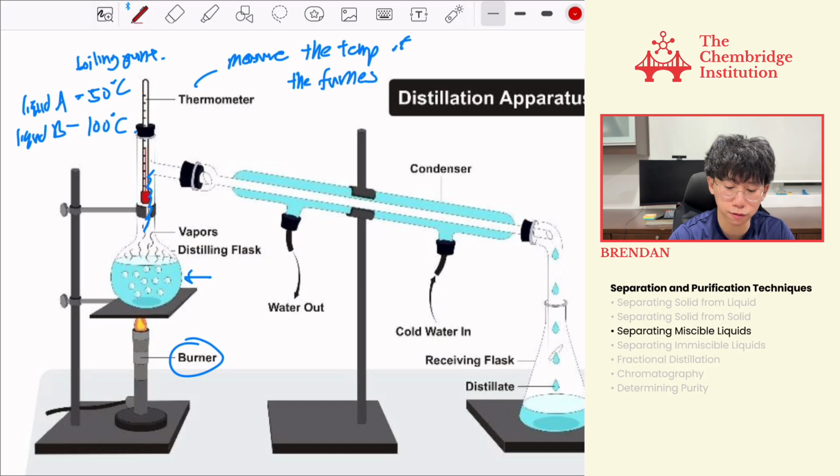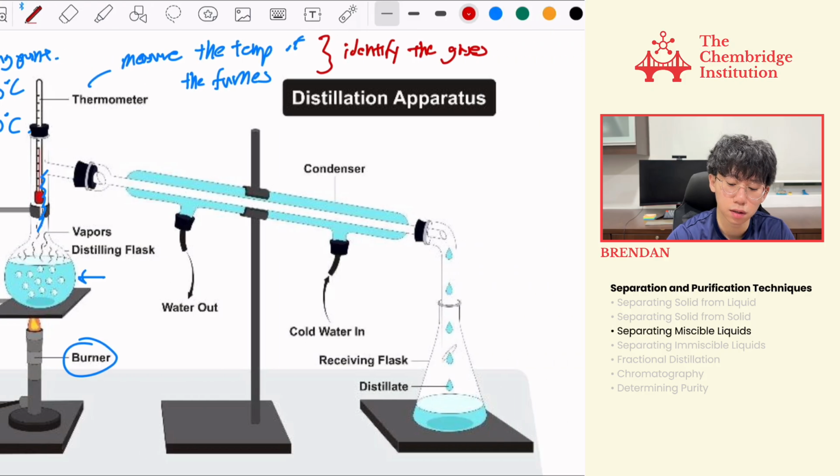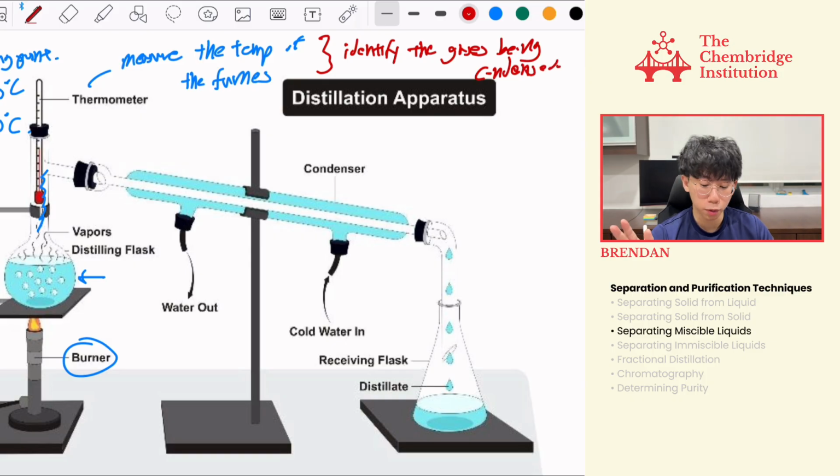The whole purpose of this is actually to just identify the gases being condensed later on. For example, if you're going to boil it and the vapors are going to rise, the vapors are actually slowly increasing in temperature.